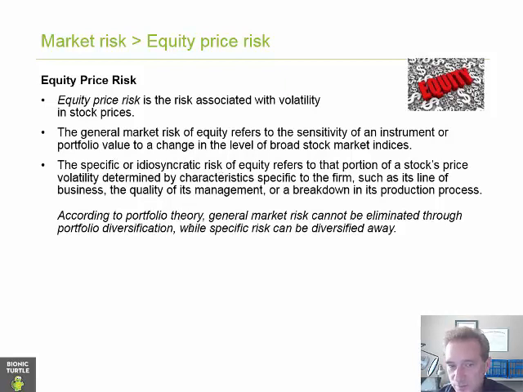And here's our summary of portfolio theory. You could do worse for a summary of the entire set of theory. General market risk cannot be eliminated through portfolio diversification. It's the specific risk that can be diversified. I like that as a summary of portfolio theory, mean variance framework, capital asset pricing. The idea is that I just break them into two steps.